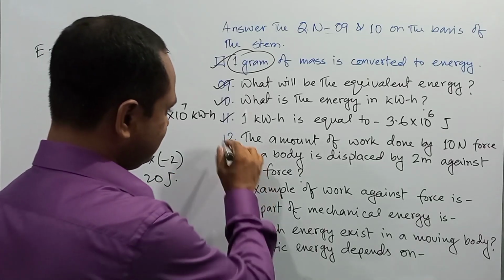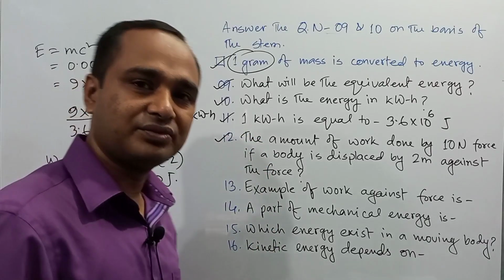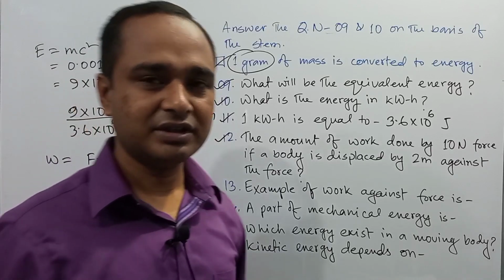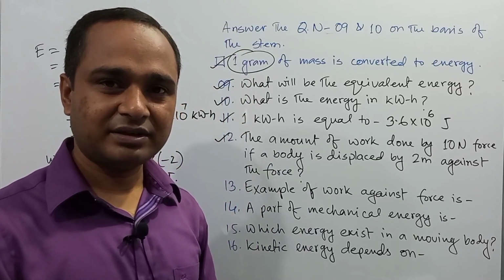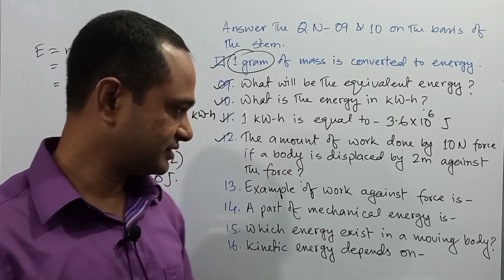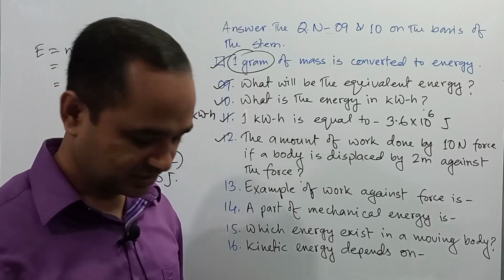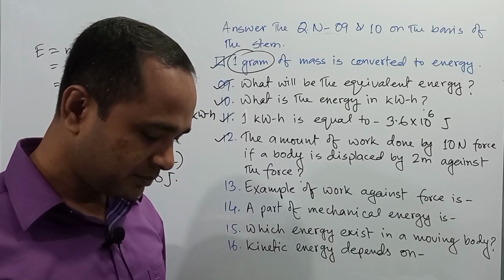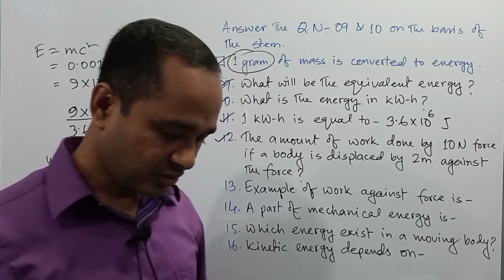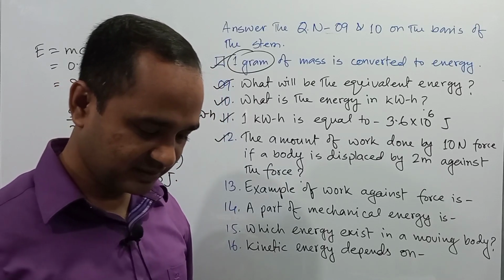In question 13 they asked for an example of work against the force. That is, when a body gets a displacement or moves in the opposite direction of the applied force, it is known as work against the force or negative work. So here the options are climbing on a horse, walking along a railway, getting down from a tree, traveling by a car.